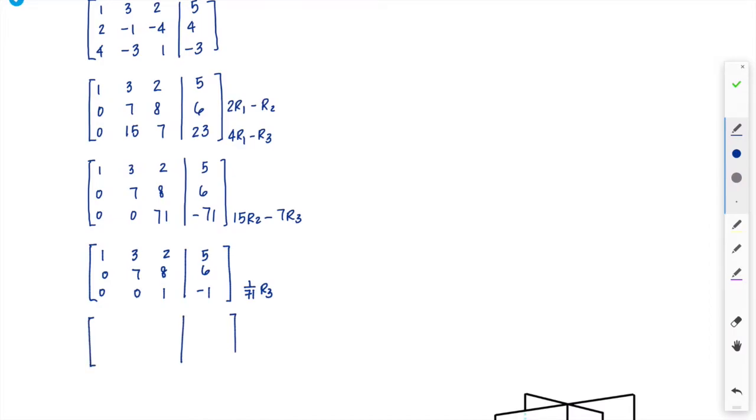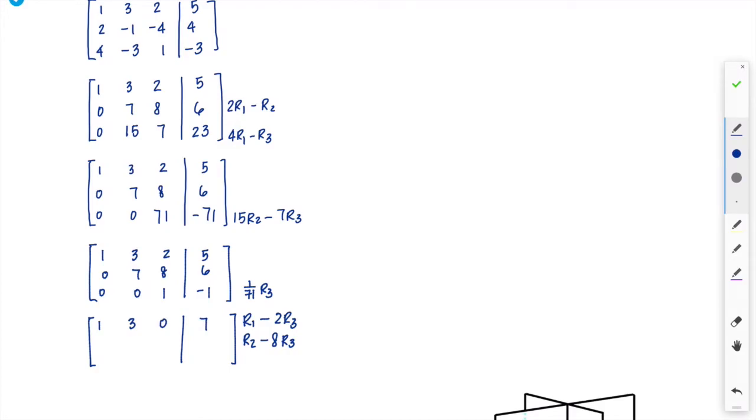That means R2 minus 8R3 is what I need here, and for R1, eliminating the 2 using R3. So 1, 3, 0, and then 5 minus 2 times -1, so 7: 1, 3, 0, 7.